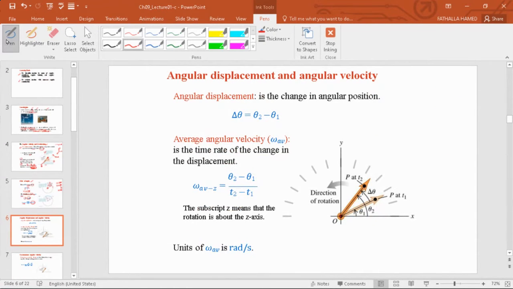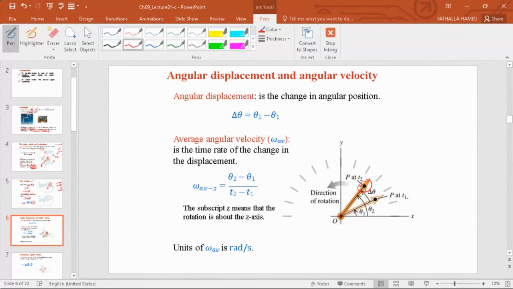So now, when we look at a rotating body, in this case let's say you pick point P here, and it's going to rotate. Now, we can measure the angle that it makes relative to the positive x-axis.